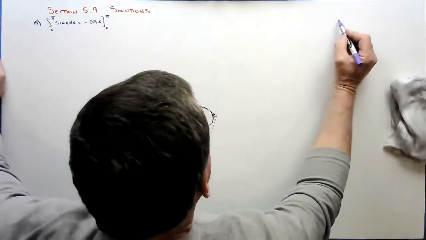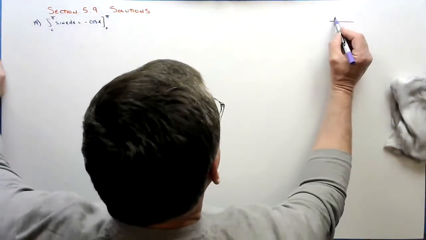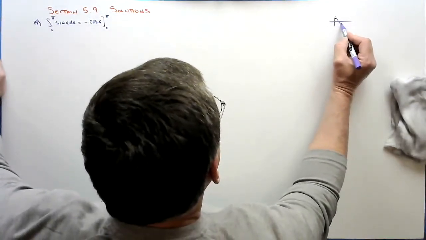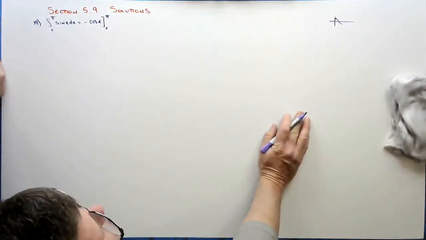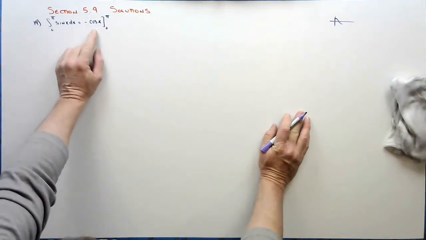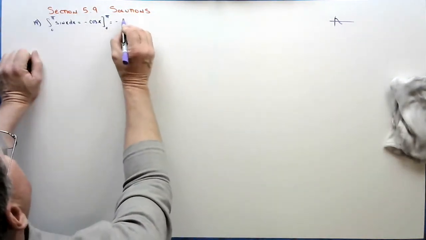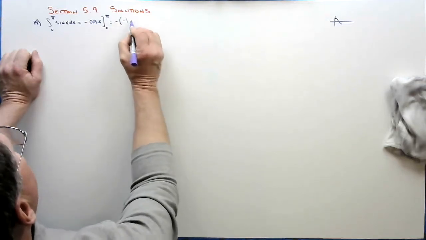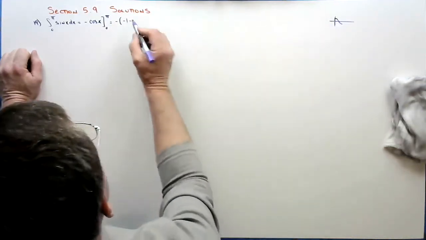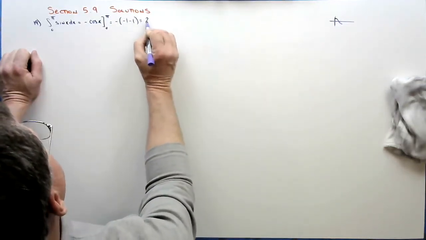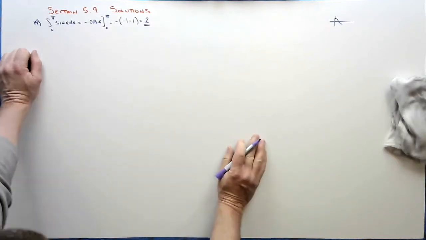If we draw our graph of cosine over here, cosine of pi is -1, so that would be minus, and then we get a -1 there, minus cosine of 0, which is going to be 1, and we get 2, right?